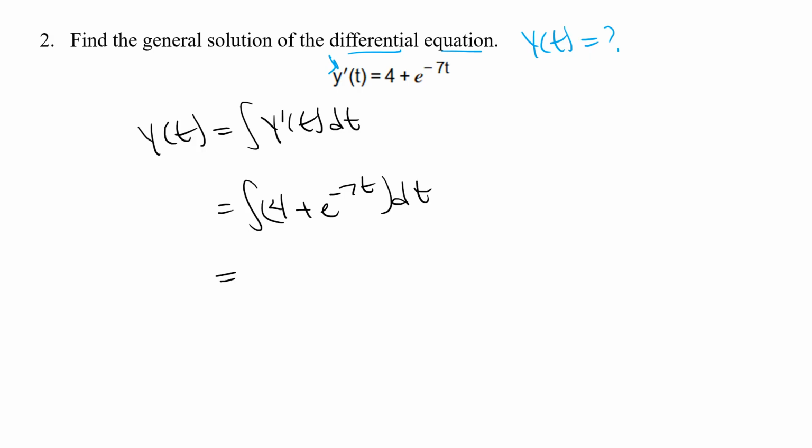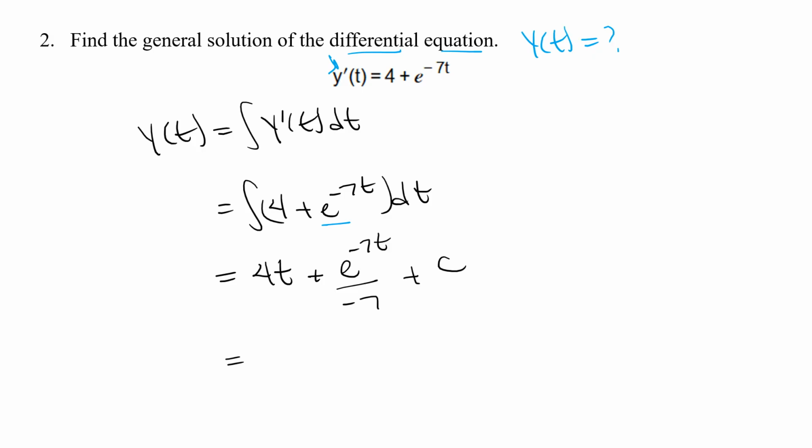The integral of 4 is just 4t. And the integral of e to the negative 7t is e to the negative 7t divided by that constant. Since we don't have any bounds, we have an indefinite integral.